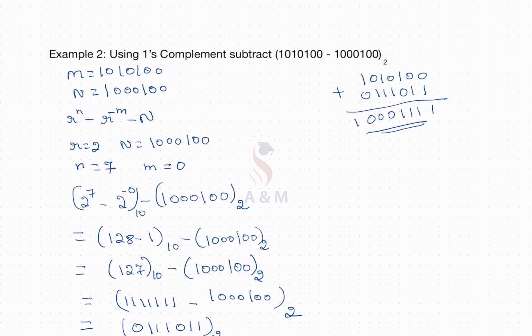According to step 2, inspect the end carry. Since we got an end carry in the result of step 1, add 1 to the result obtained in step 1, that is 0001111 plus 1, which is equal to 0010000.